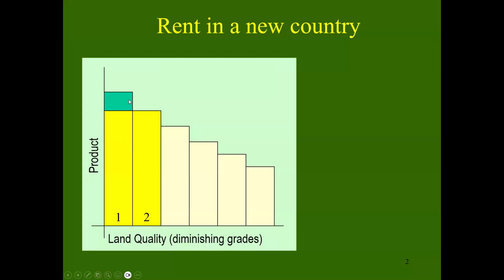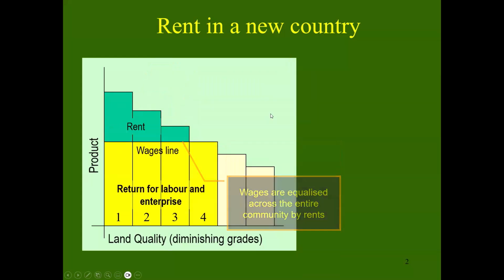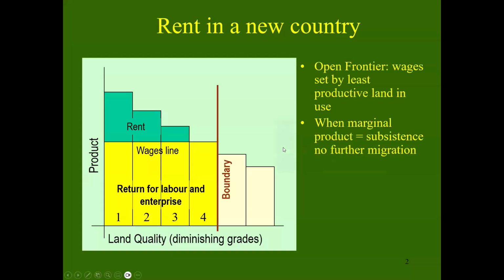And the gap between those two levels gives you rent. Now, this is what the lecture was that you've gone through. I don't want to belabor that because the recorded lecture goes into it in all the detail.